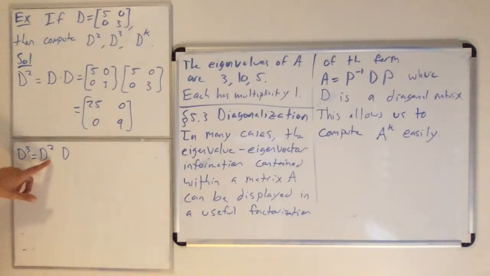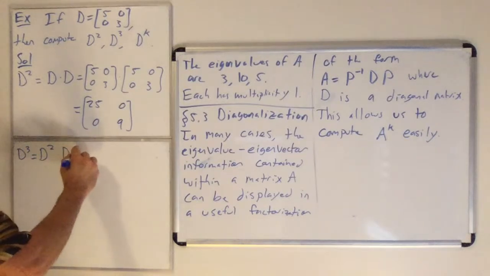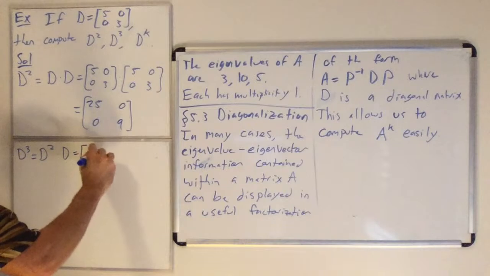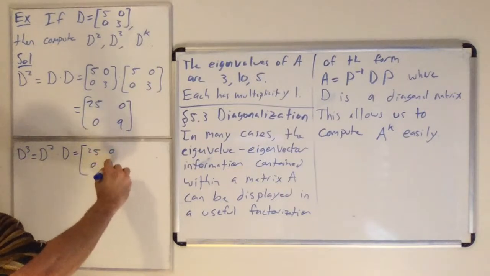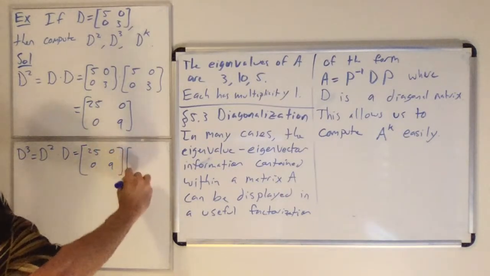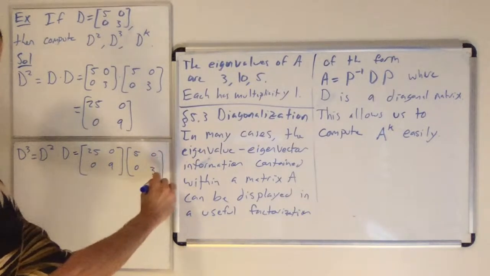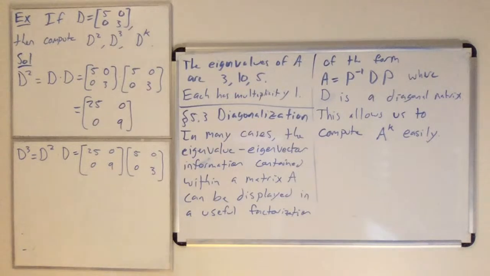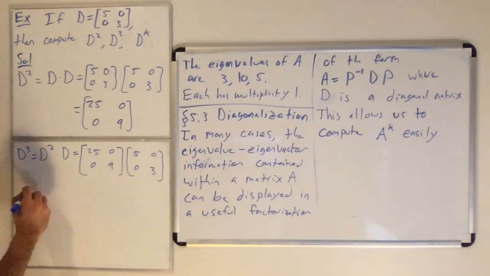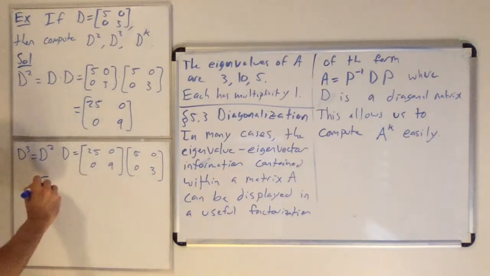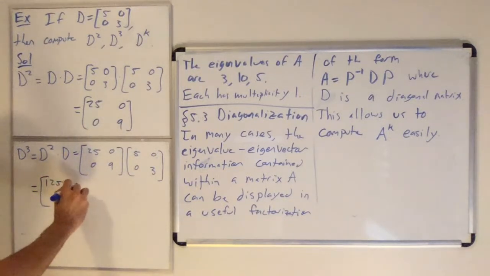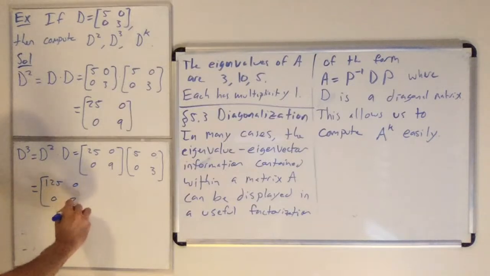So D to the third is D squared times D. And when we work this multiplication out, we get 125, 0, 0, and then the last entry is 27.